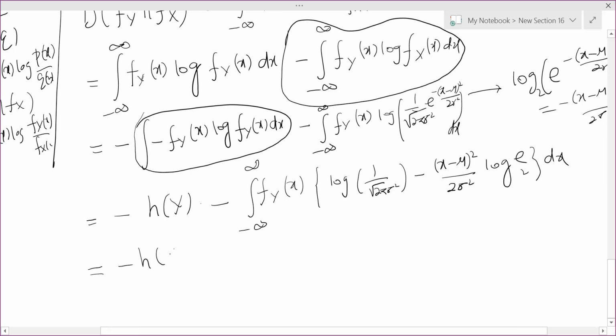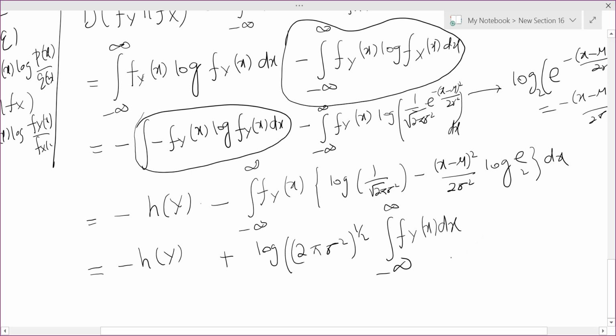So this is minus h of y. Now the first part is log of, again I will write it, 2 pi sigma square plus here integral fy of x dx.